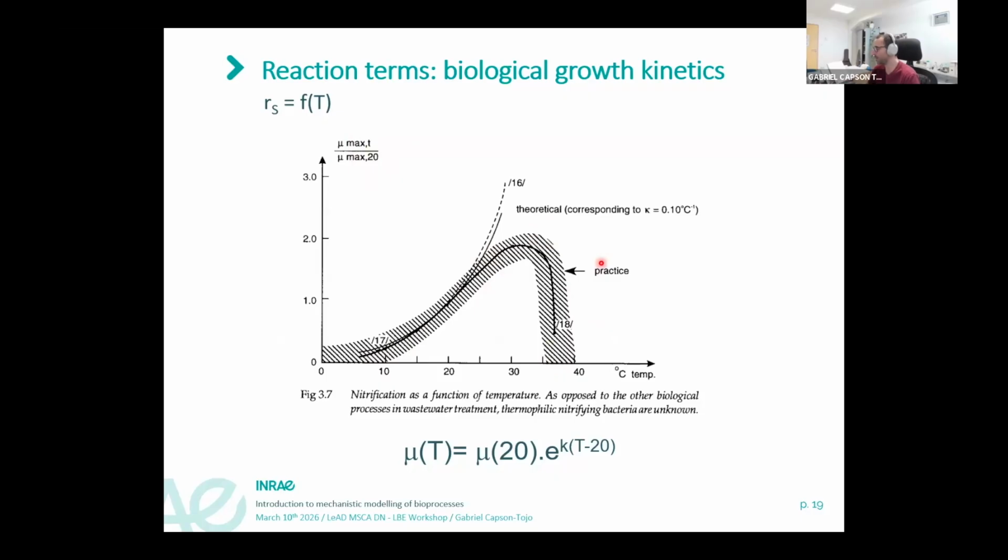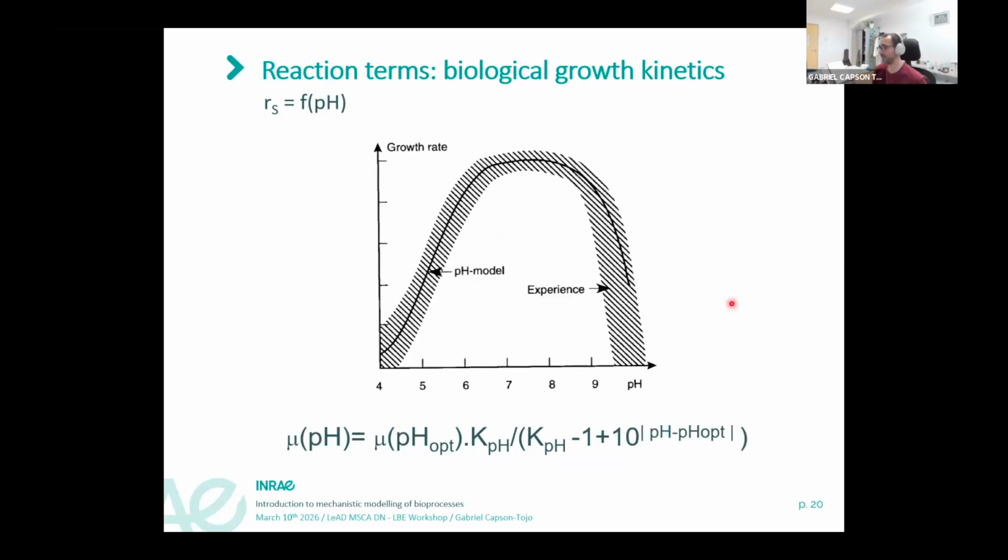Sounds pretty obvious in this case. So we use Arrhenius, which is an equation that most of you must be familiar with from chemical kinetics. So generally, we assume that we are in this part here and that we are not operating on purpose our system at temperatures that are killing our biomass. Of course, we have equations to consider also these terms.